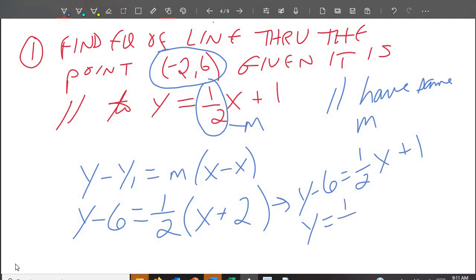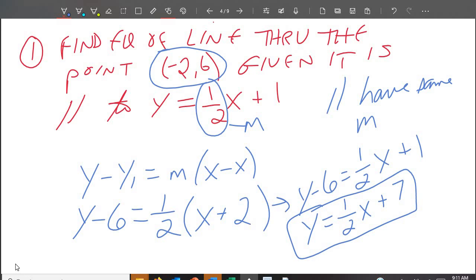And then we're going to add 6 to both sides, and we'll get +7. This is the equation of the line through that specific point, and they have the same slope. They have to have the same slope because they're parallel.